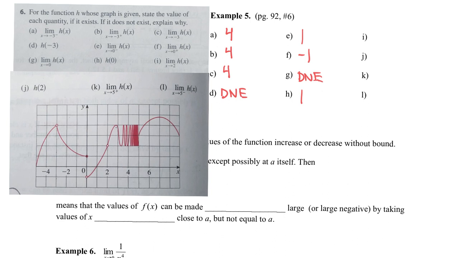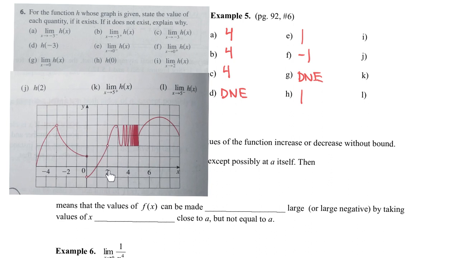And then we've got I, the limit as x approaches 2. So you look at the 2 here. Just looking at what the graph is doing, as x approaches 2, from the left or from the right, they're heading to the same spot. They're heading to this y value of 2.